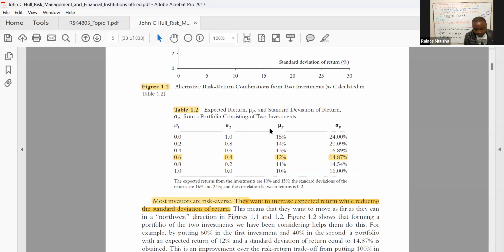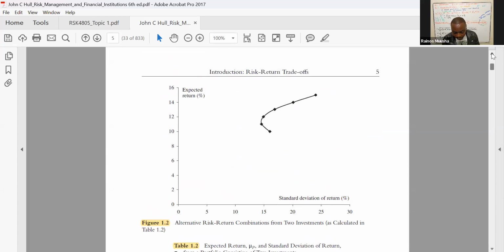For example, if you have a portfolio where you have 0% in asset 1 and 100% in asset 2, the expected return is equal to 15%, isn't it? So if your expected return is 15%, and you are now going to plot it on a graph of the expected return against the standard deviation, what do we see?